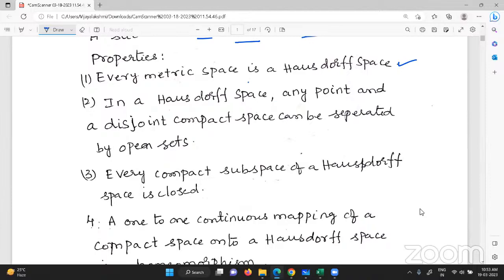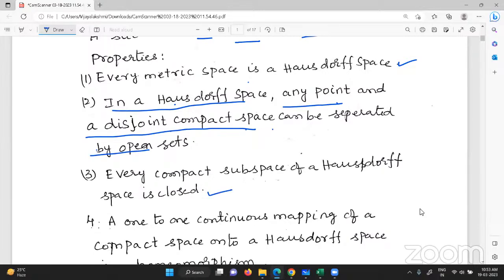Every metric space is a Hausdorff space. In a Hausdorff space, any point and a disjoint compact set, you have to remember, otherwise you cannot prove Urysohn's theorems. This compact set means a closed set only, and can be separated by open sets.